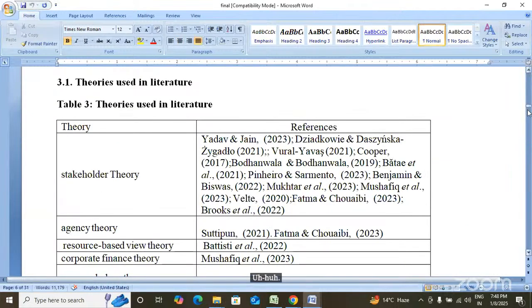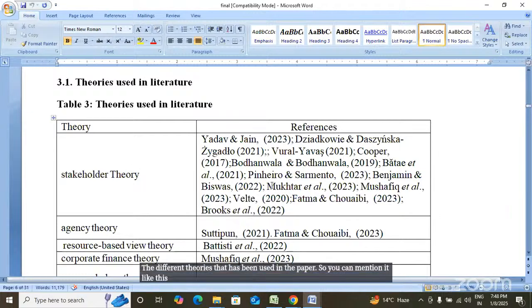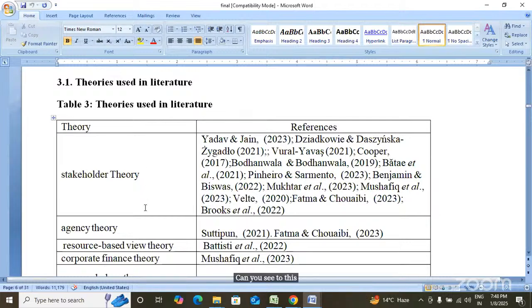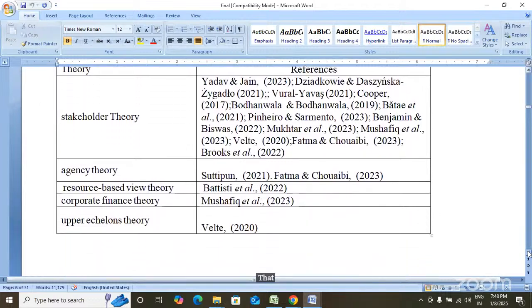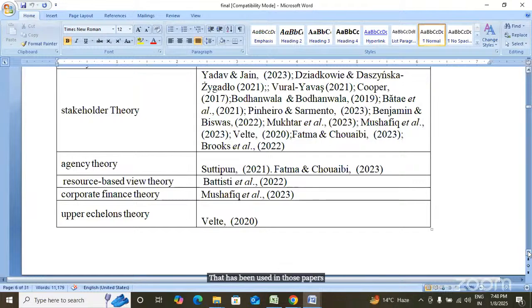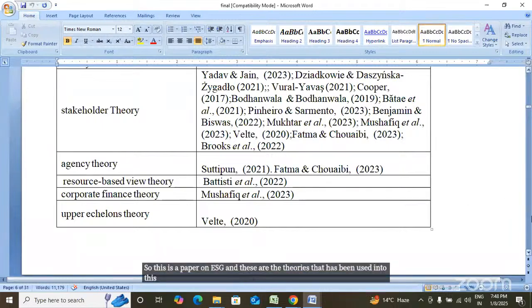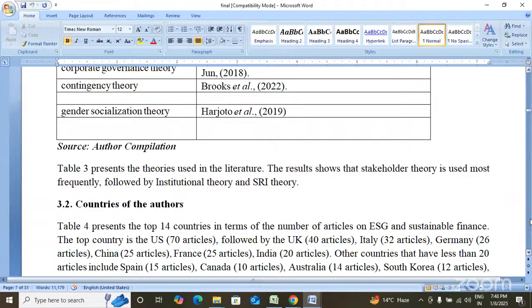Okay, this is the theory. Just have a look at this: the different theories that have been used in the paper. So you can mention it like this, with the in-text citations as well. Right? Can you see this? These are the different theories that have been used in those papers. This is a paper on ESG, and these are the theories that have been used in it. So we have mentioned it like this, right?